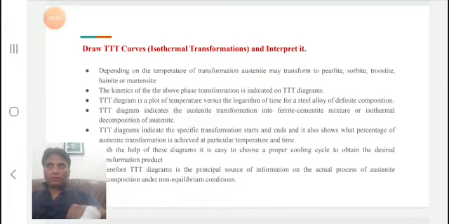So therefore, any industry producing a variety of steels will maintain different TTT diagrams for each and every composition of alloy. So this is the main purpose of the TTT diagram.